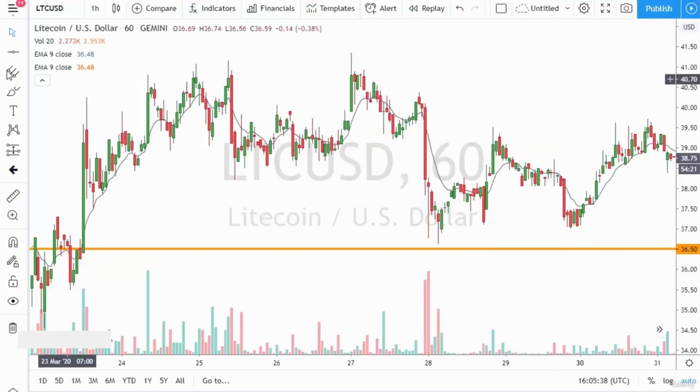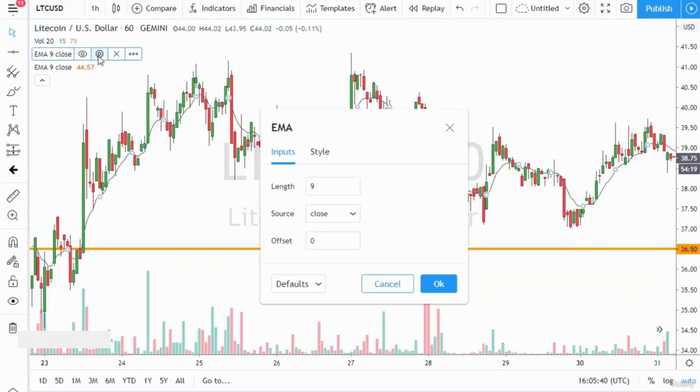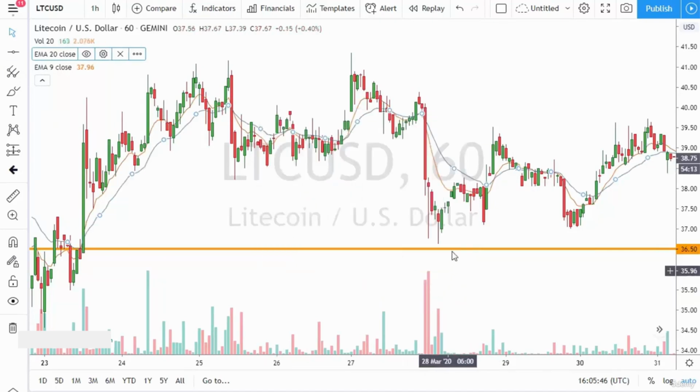And you can see that the candlesticks had been spreading, right? But notice how the moving averages had been spreading. But notice how we slammed right into this moving average.